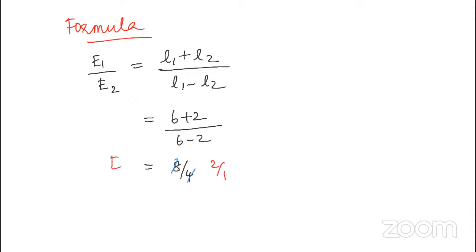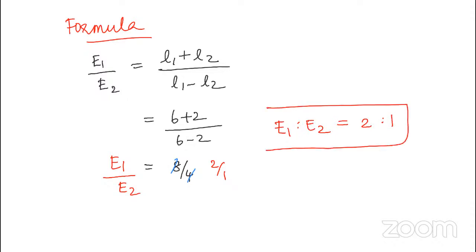So E1 is to E2 is equal to 2 is to 1. And this is option D. Okay, very good. Right, many of them found the correct answer. Yes, very good. Okay, so that's all about the problem of potentiometer.